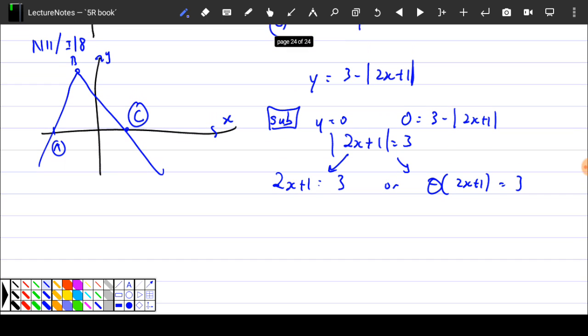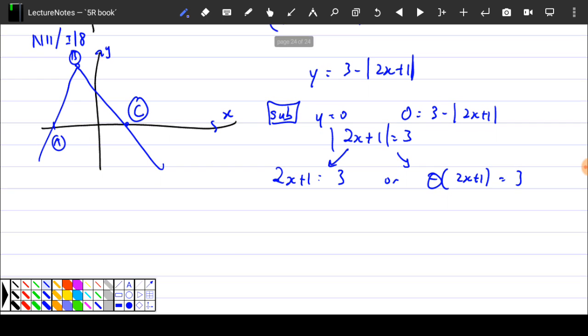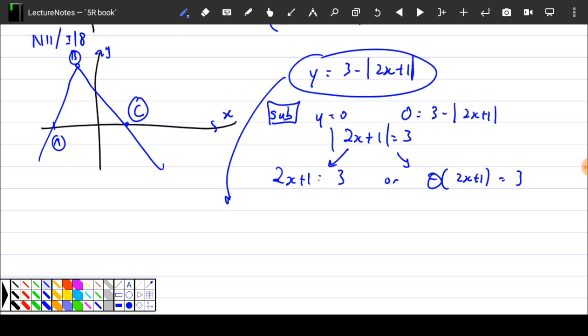Now to find B, then it's a bit complicated. Now the reason is this. You need to understand modulus. Now when I have this graph, what it means is I actually have two graphs.